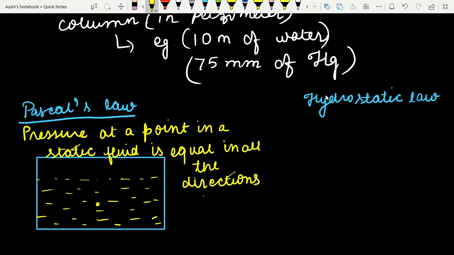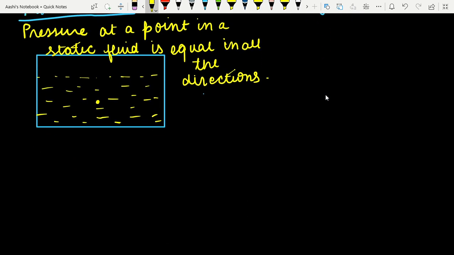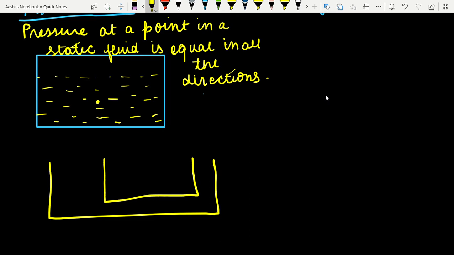For example, one very common example is the hydraulic press, where you apply a little force in one direction. There is an arrangement that looks something like this, where on one side the cross-sectional area is less and on the other side it is more.